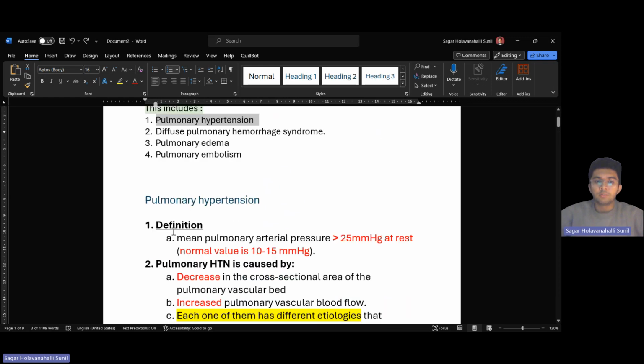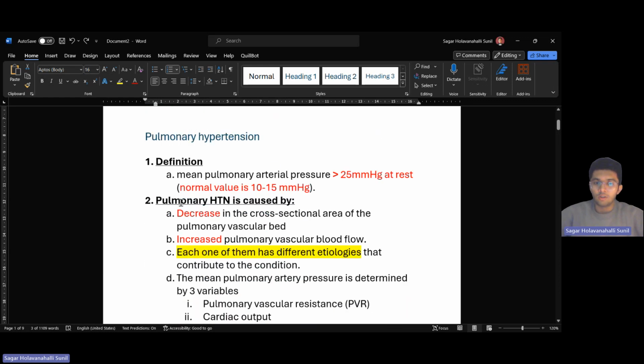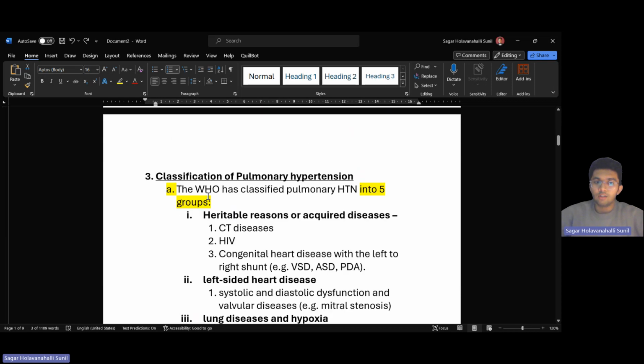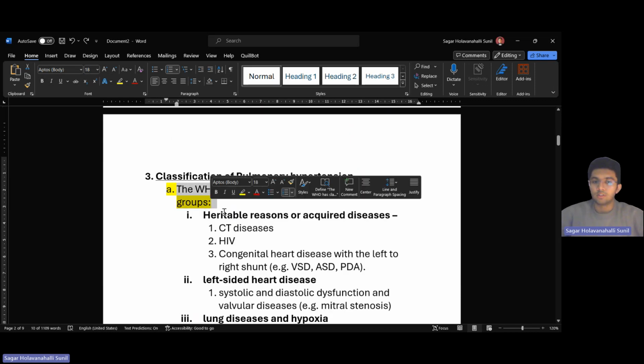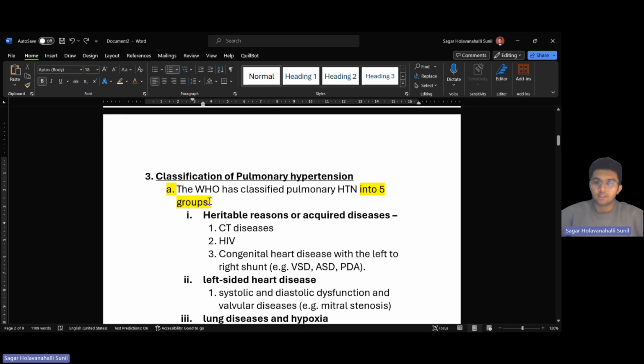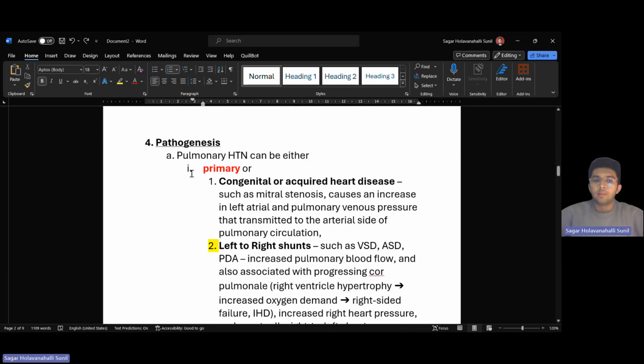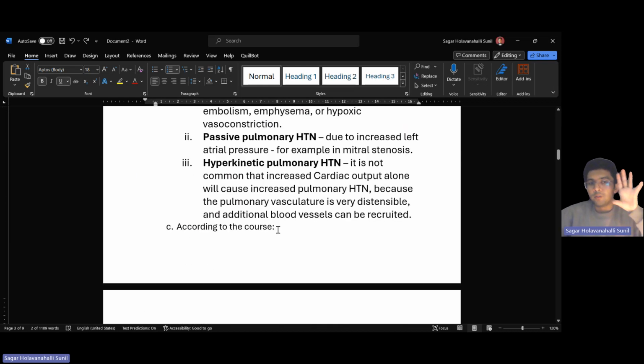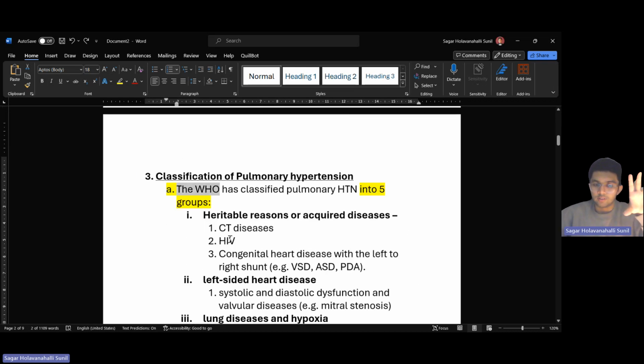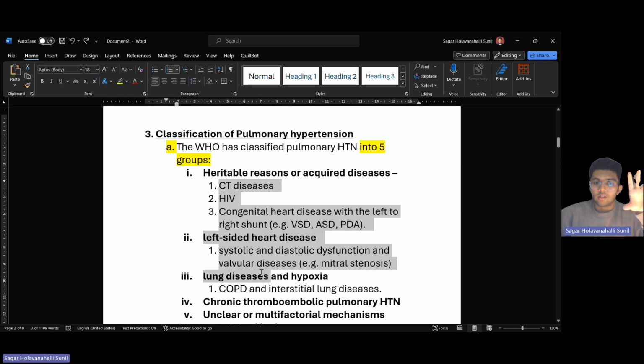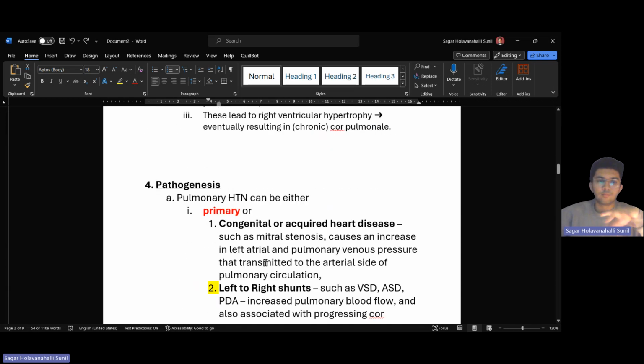To summarize, just mention the definition, mention the causes, and then go to the classification. Mainly just focus on the WHO classification. Everything else that I've mentioned with regards to pathogenesis, just put it into the WHO classification, and you're going to be fine.